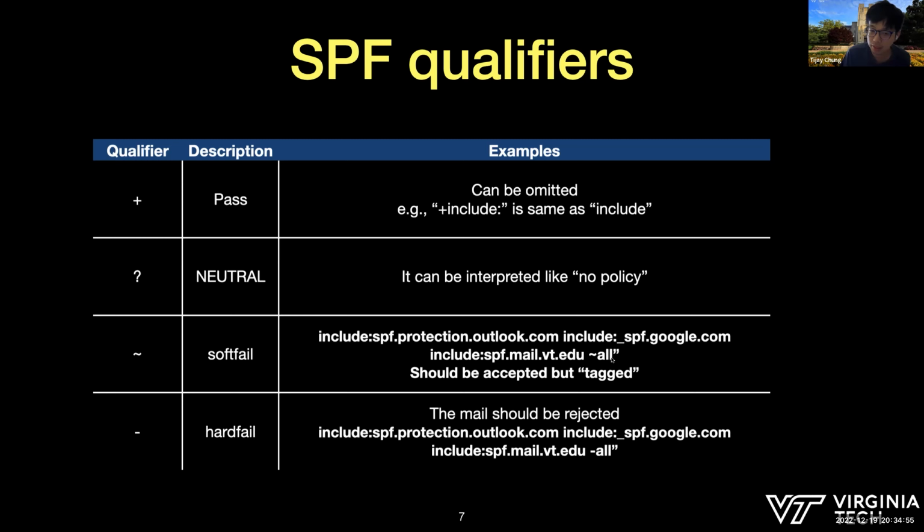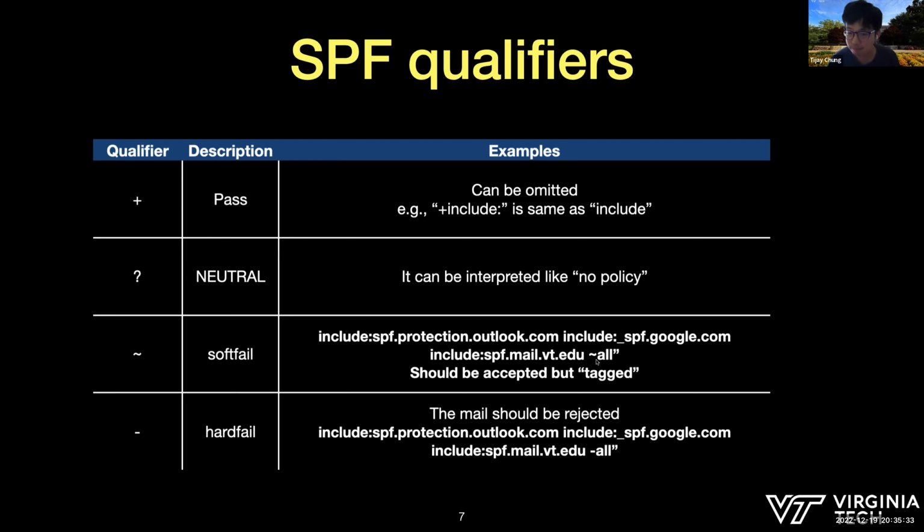But tilde all means that if the IP address does not fall into these three includes, it is a soft fail, which means it is totally up to the receiver whether to accept or reject the email. But if it is minus, it is a hard fail. The sender SMTP server basically tells the receiver server that if this incoming IP address does not fall into this range, you have to reject the email.